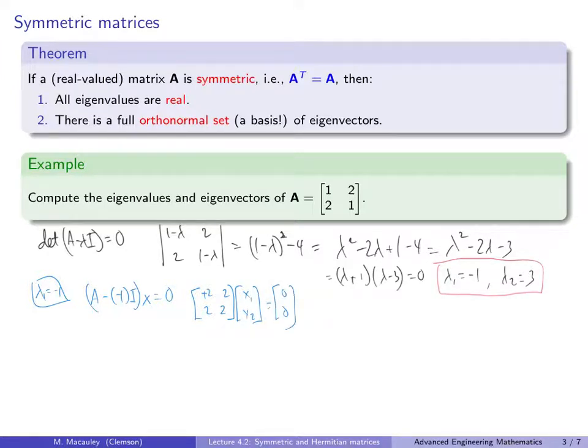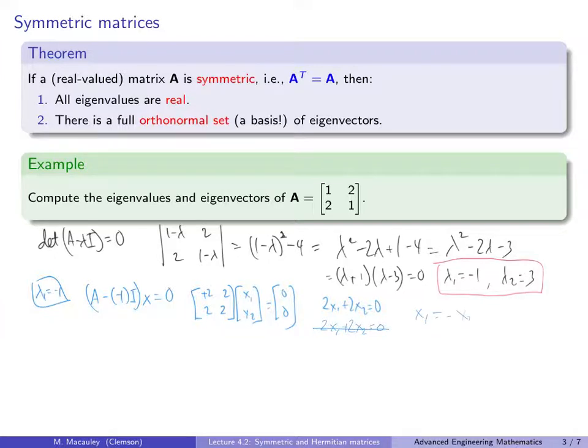So this is a system of equations: 2x1 plus 2x2 equals 0. We can divide through by 2, and as always is the case, these two equations are going to be the same, so we can get rid of one of them.